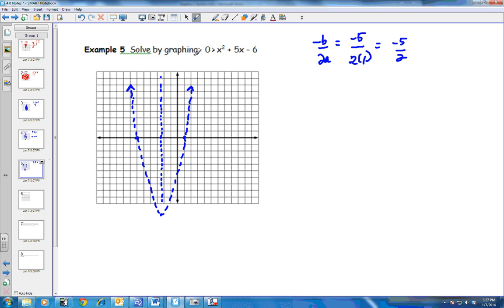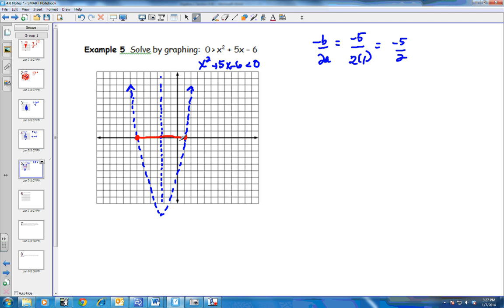Now it says solve by graphing 0 is greater than x squared plus 5x minus 6. Or if I turn this around, because we're used to seeing it this way, they want to know what values is this graph less than 0. Less than 0 means below the x-axis. So again, do you see my graph is below the x-axis from this point until I get to this point.